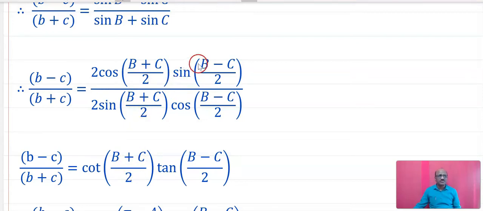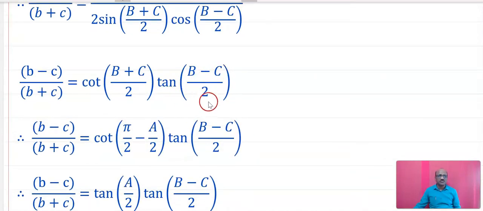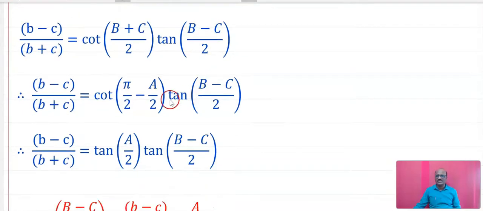Next, sine of (B − C) upon 2 upon cos of (B − C) upon 2 is tan of (B − C) upon 2. Hence (b − c) upon (b + c) is equal to cot of (B + C) upon 2 into tan of (B − C) upon 2. We have A + B + C equal to pi, and hence (B + C) upon 2 is equal to (pi − A) divided by 2, that is pi by 2 minus A by 2.